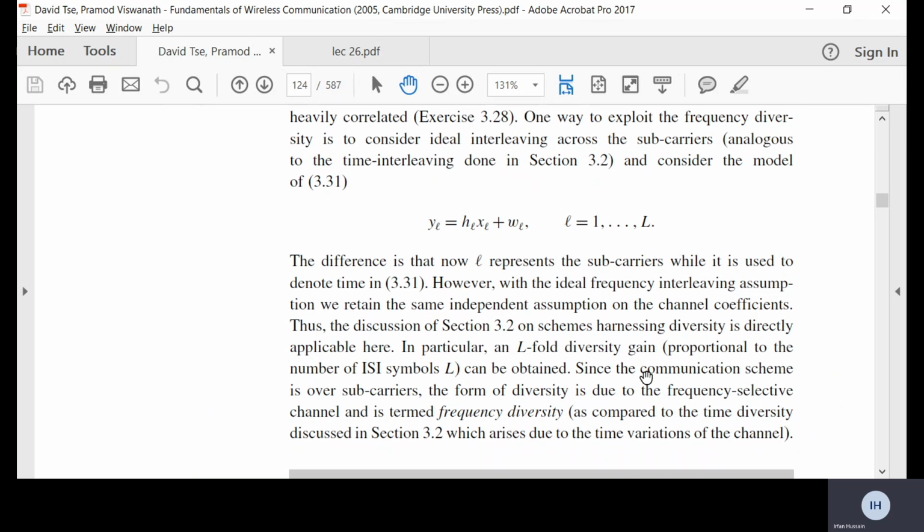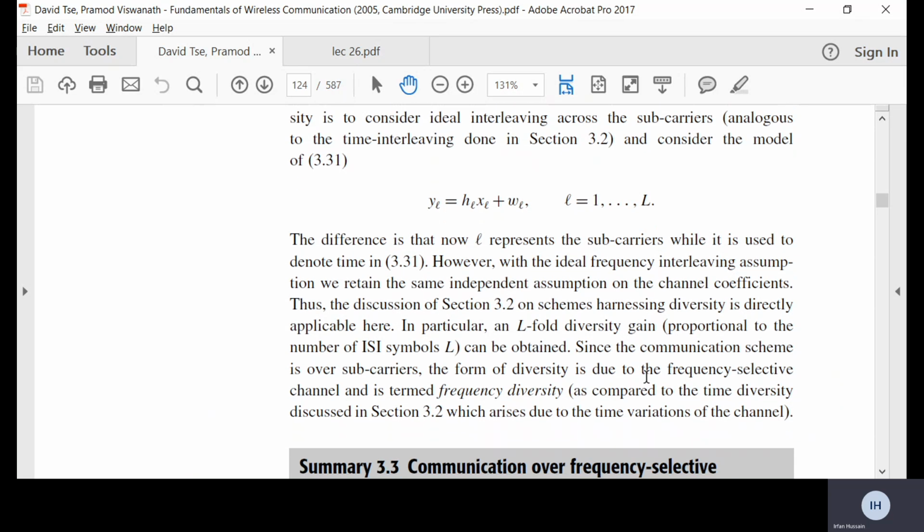So we will have an L-fold diversity gain. This diversity is for frequency selective channels, and that is what is called frequency diversity.